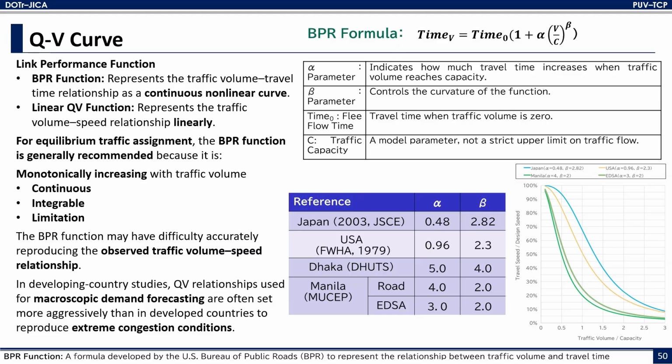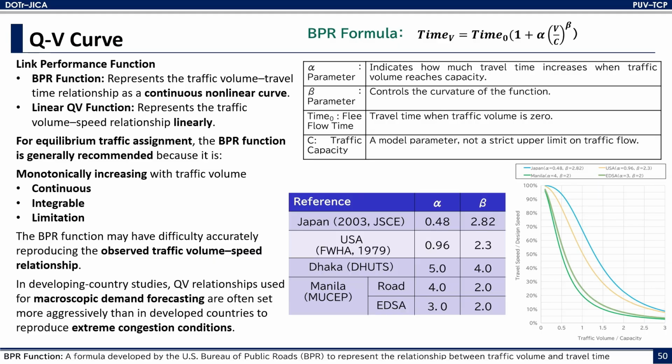The first one is the BPR function, which was developed by the United States Bureau of Public Roads to represent the relationship between traffic volumes and travel times. And the second one is a linear QV function. It represents the traffic volume-speed relationship in linear form. And for the equilibrium traffic assignment, the BPR function is generally recommended.